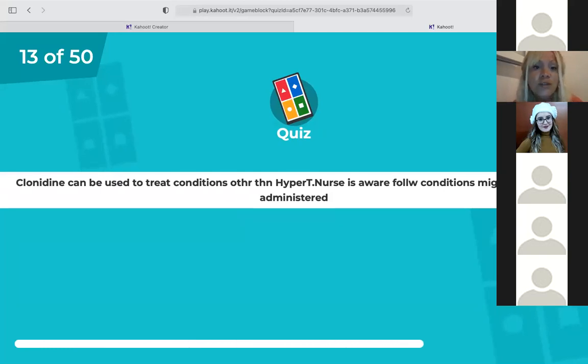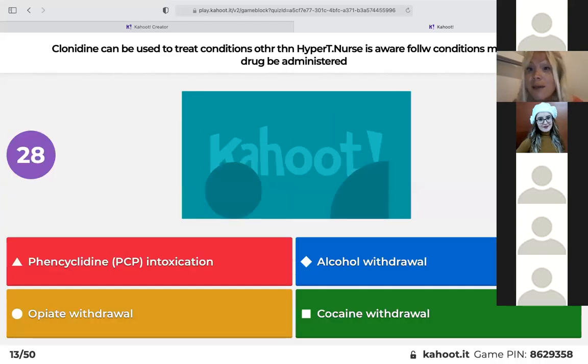Clonidine can be used to treat conditions other than hypertension. The nurse is aware for which condition the drug might be administered? What's that?